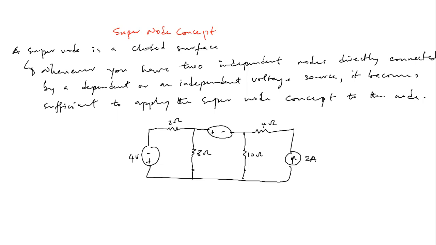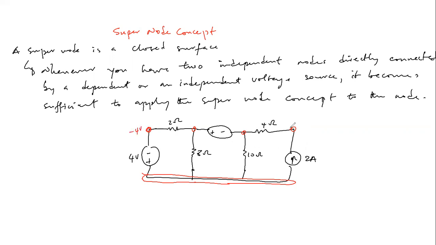Now, we want to identify the nodes. These are the nodes here, right? And this is also a node. Straight off, we know this terminal is negative with respect to this terminal, so it's negative 4 volts.